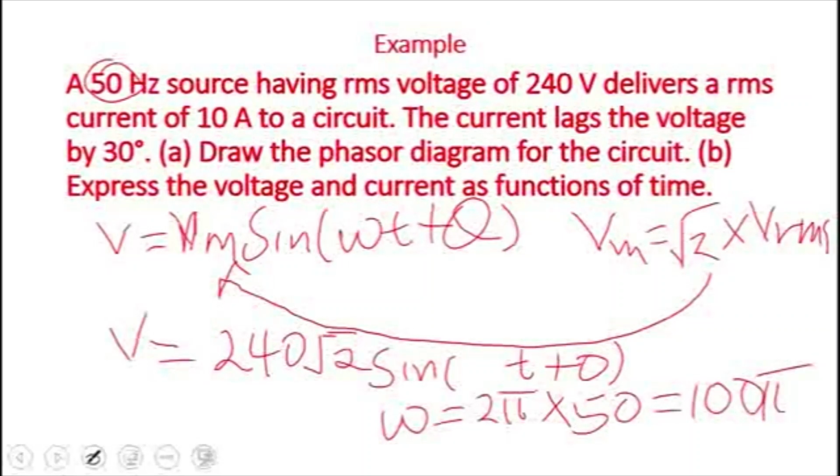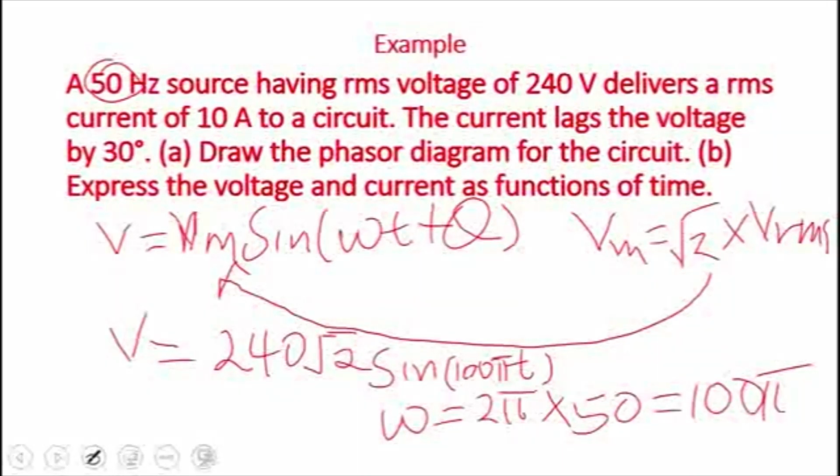So 240 root 2 sine 100 pi t plus 0. Plus 0 actually shows nothing, so we can take it out of the equation, and it just becomes 240 root 2 sine 100 pi t. That is the voltage as a function of time.